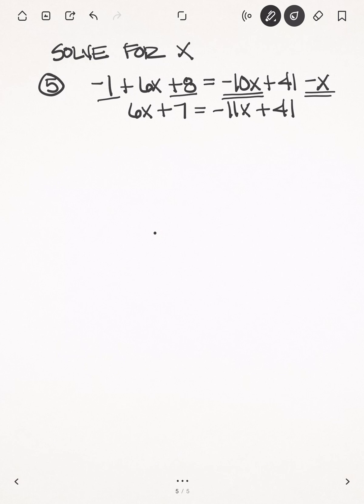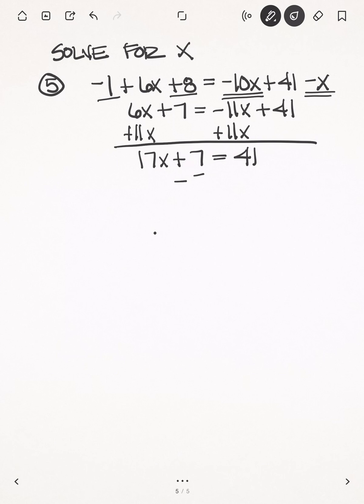Okay, I have simplified each side as far as I can. Now I need to move all my x's to the left-hand side. So I'm going to add my 11x to both sides. And I get 17x plus 7 is equal to 41. Then I move my numbers over. I'm going to subtract 7 from both sides.